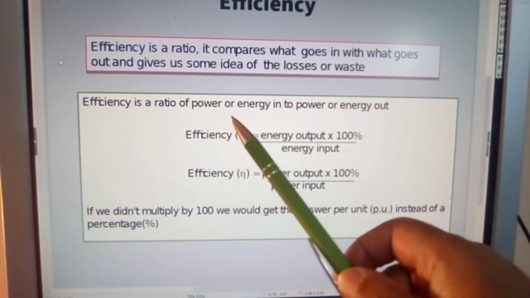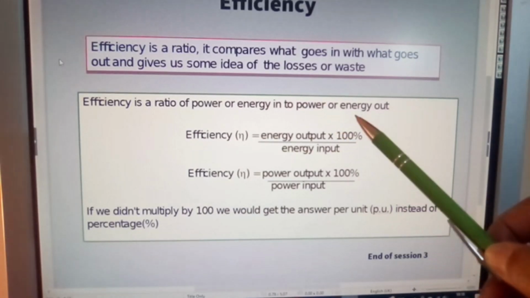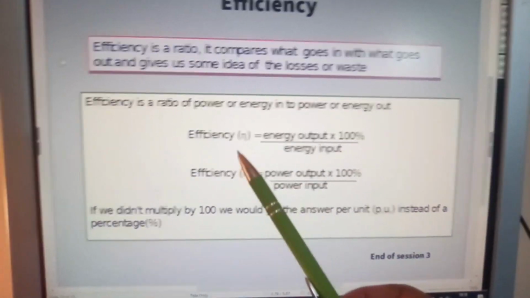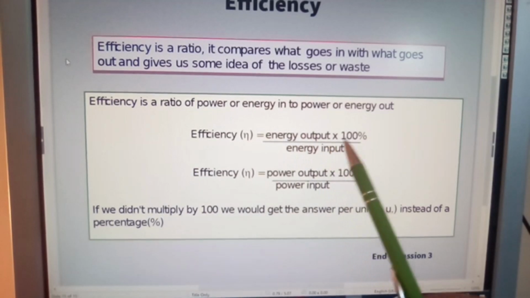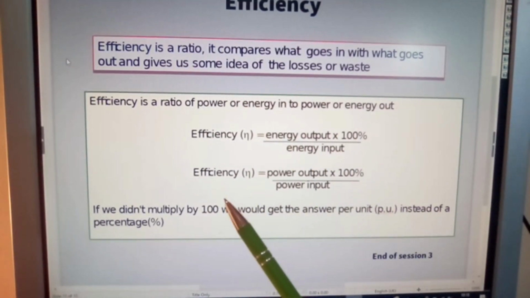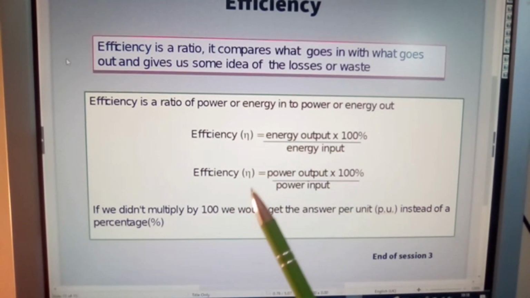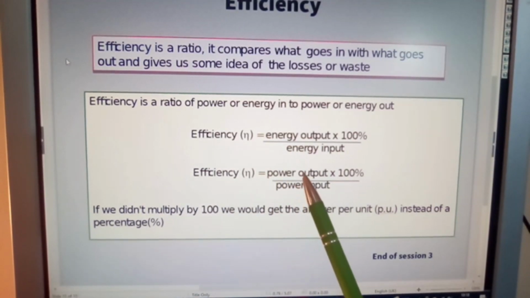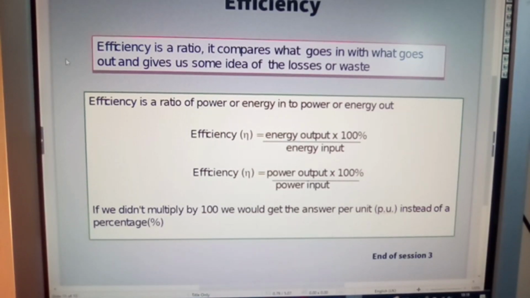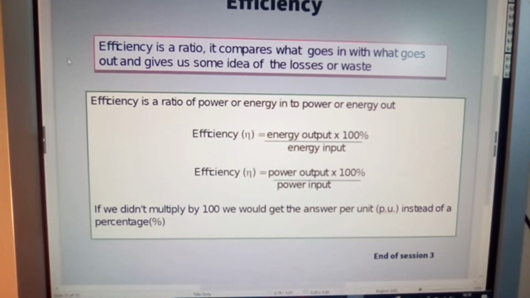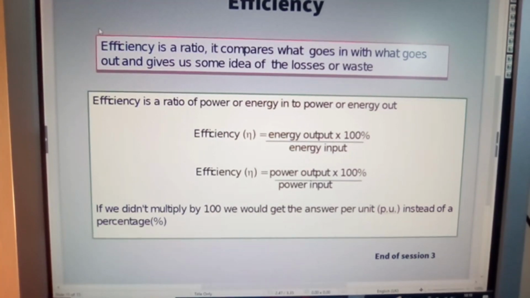Efficiency is the ratio of power or energy out to power or energy in. Efficiency equals energy output times 100 over energy input. If we didn't multiply by 100, we would get the answer per unit instead of a percentage.